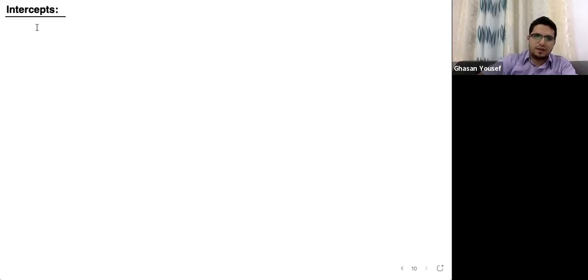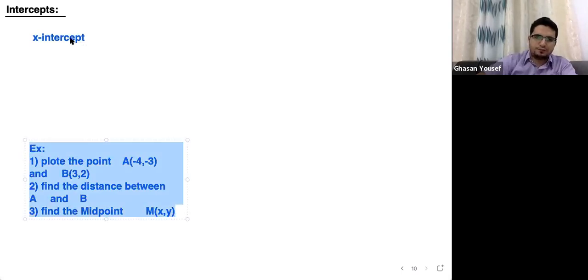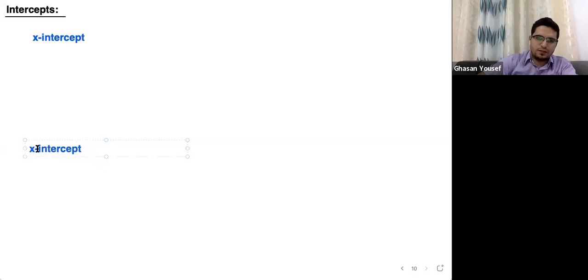Here is the x-intercept, and at the same time I have the y-intercept.